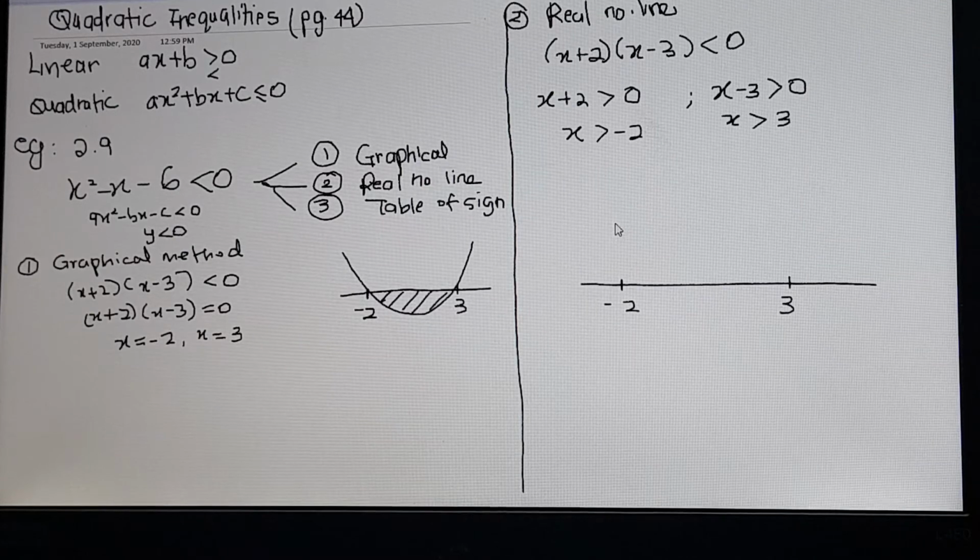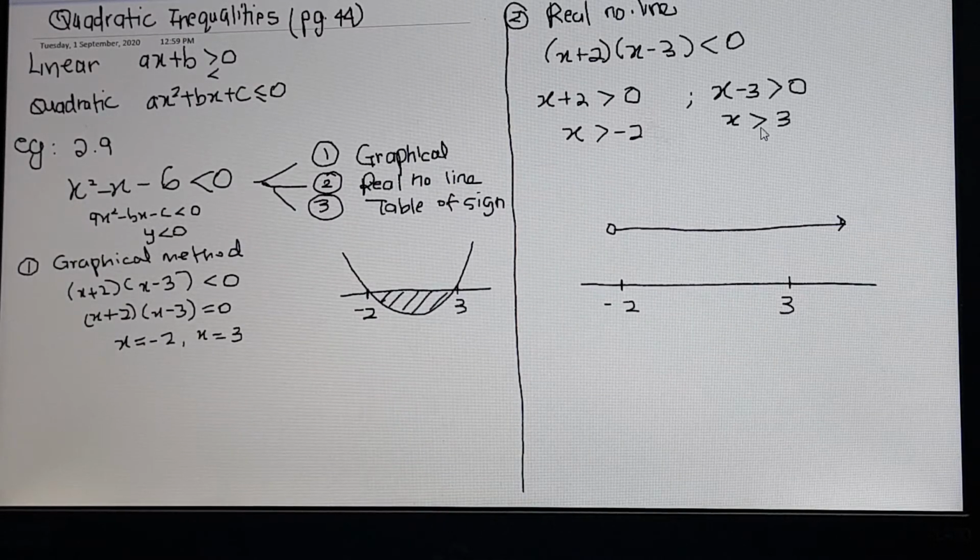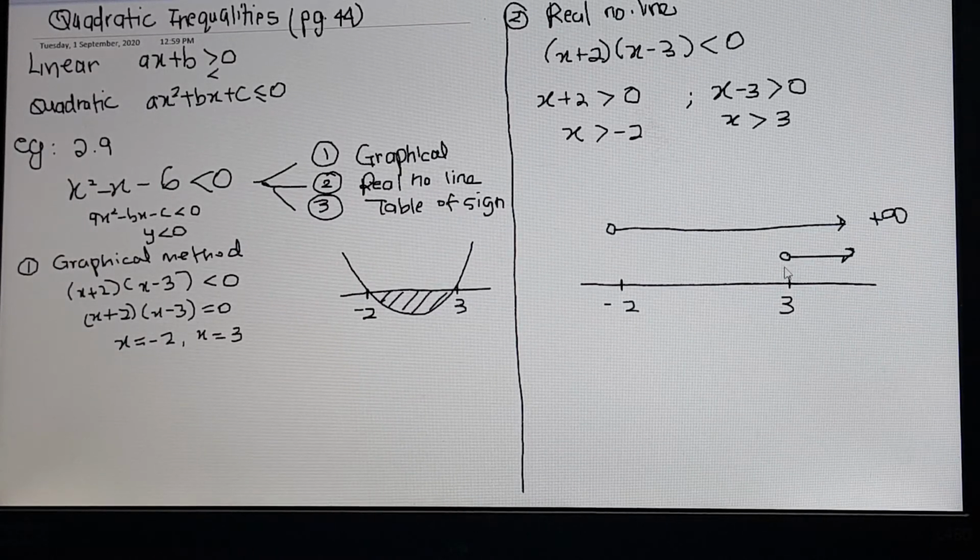Where is the point? The point is here, an open circle. Project to the right because x is greater than negative 2. Then x greater than 3, here also an open circle, project towards positive infinity. Alright, now you have two lines here.